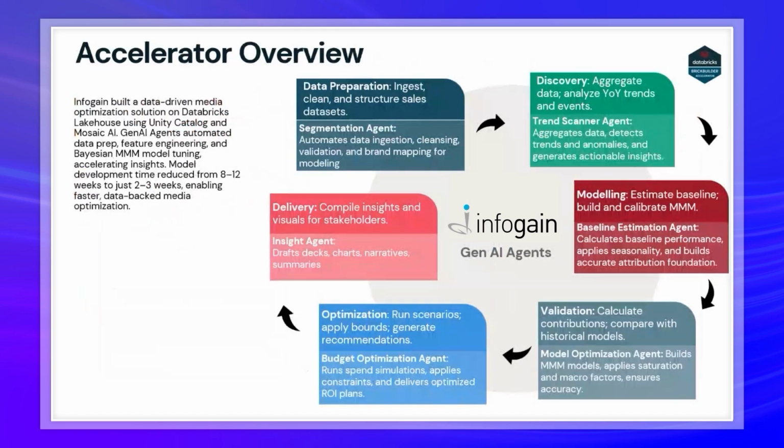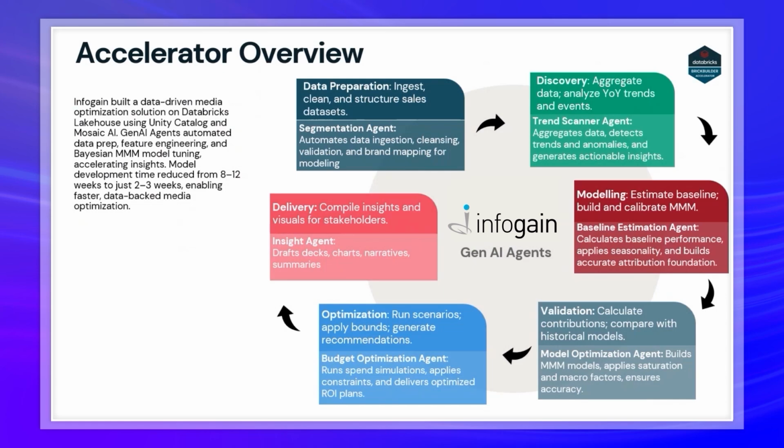So this is our accelerator overview. We are trying to solve this problem in 5 phases. Manually, it used to take 8 to 12 weeks to solve this MMM problem, and with this agentic solution, within just 2 to 3 weeks we are solving it with a few human touch points.